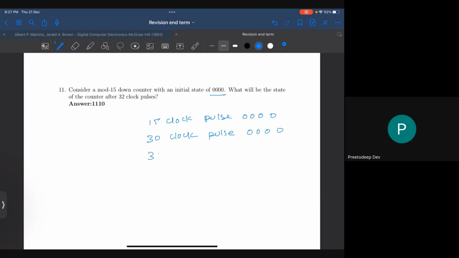So at the 31st clock pulse, it will be a down counter, right? So it will be 1 1 1 0. At the 32nd clock pulse, it will be 1 1 0 1. Up to that is clear.